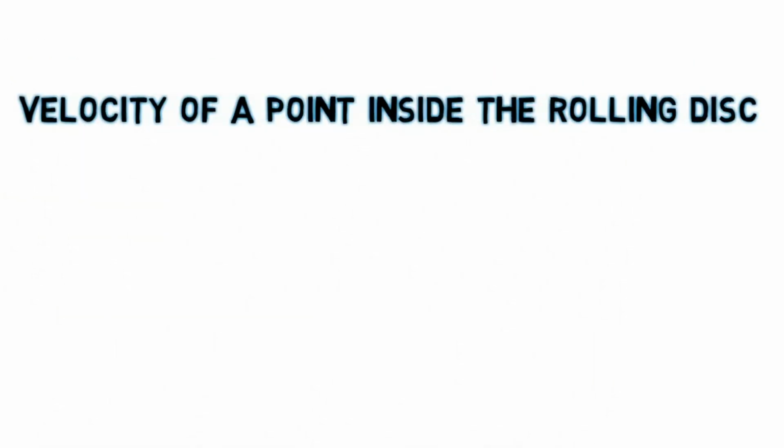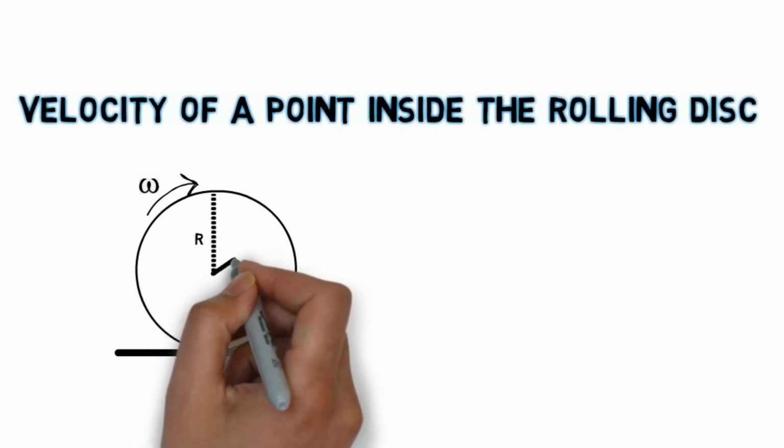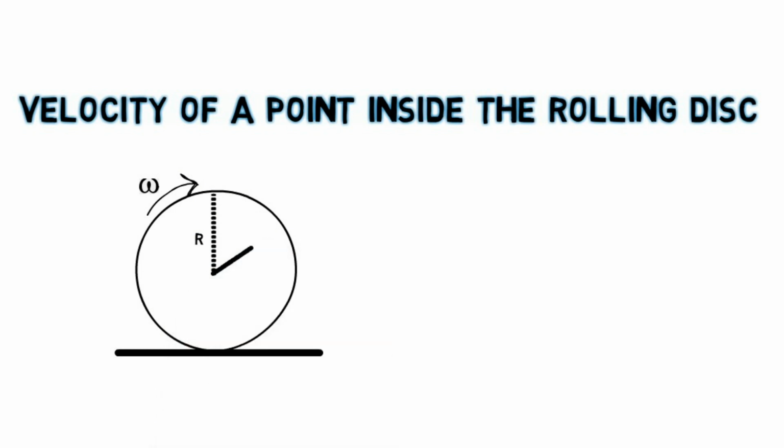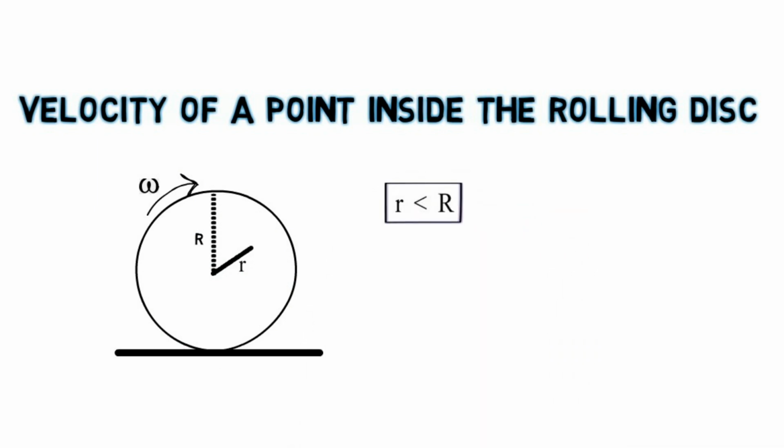And if we now move to find the velocity of an arbitrary point inside the rotating disk, similarly we will take the same things into consideration, that is, the rotation will be with angular velocity ω, and the radius of the disk remains R. Now the difference is that the distance of that point from the center, small r, becomes smaller than capital R, because we are considering a point in the interior part.